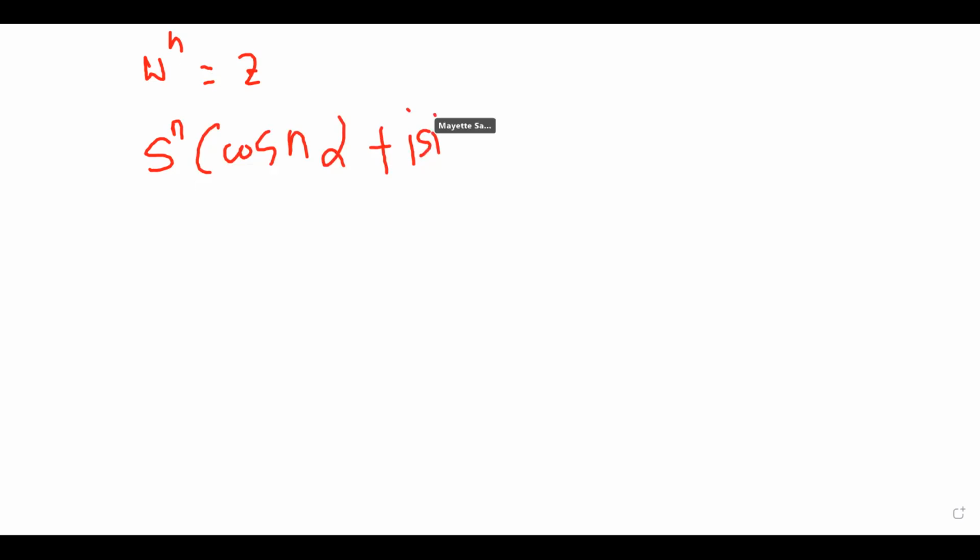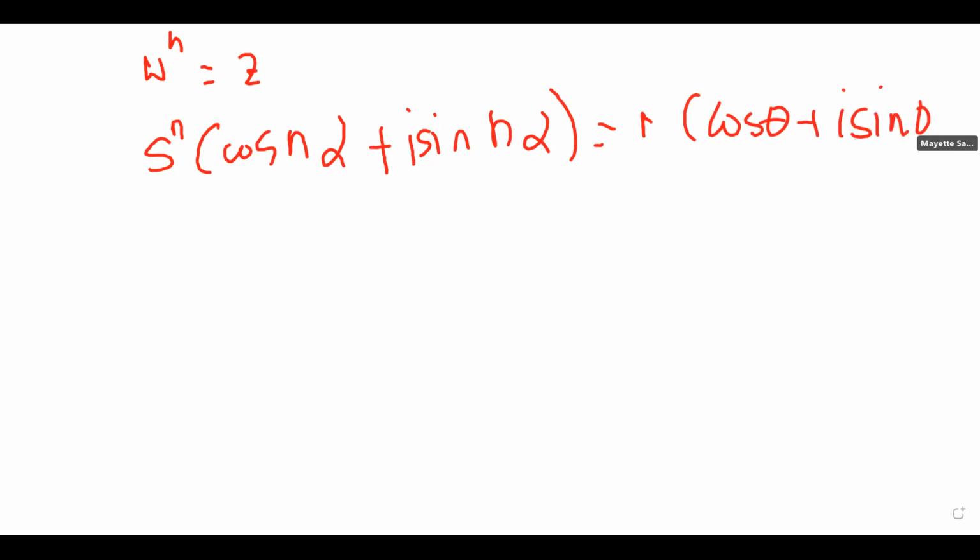Again, if we have w^n = z, we can write this as s^n(cos nα + i sin nα) = r(cos θ + i sin θ).